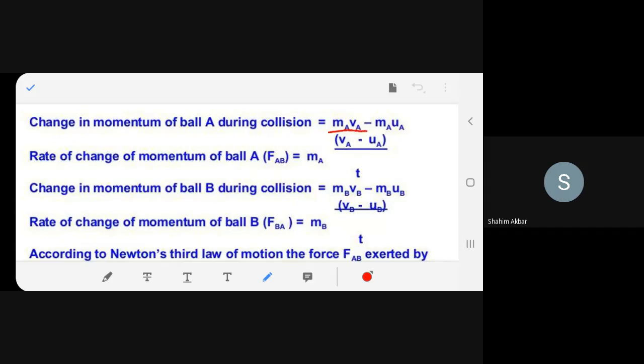Now we took MAVA, why not MAUA? Can anyone tell me? How do you find out the difference generally? The final minus initial. That's how we do, isn't it?